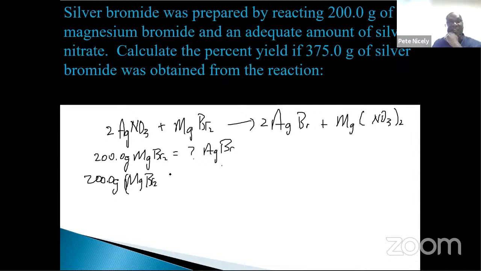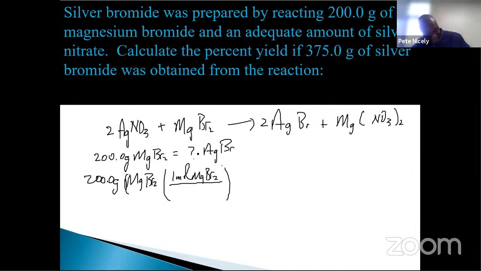And we have to multiply that by a conversion factor, which allows us to convert from grams to moles, which means we need a molar mass. So I'm going to do my cheating here and use my molar mass calculator.